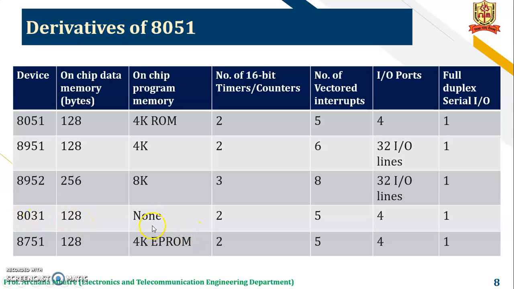There is no internal program memory in 8031. Then two 16-bit timers, 5 interrupts, 4 IO ports and 1 serial IO port. The 8751 device has 128 bytes of RAM, 4 KB of EPROM memory, two 16-bit timers, 5 interrupts, 4 IO ports and 1 serial IO port.